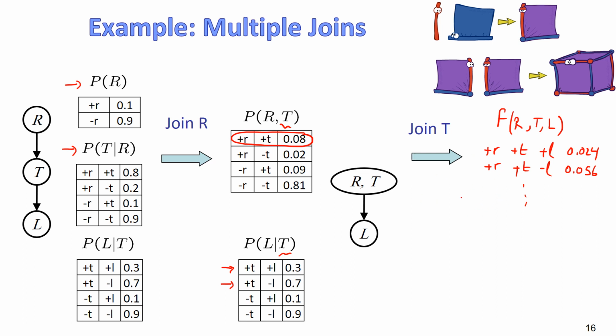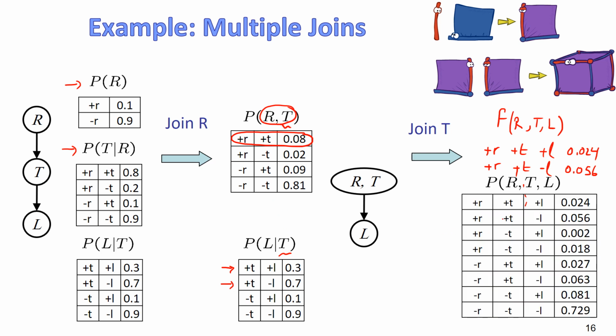Here we are talking about binary variables, so it's 2 to the power 3 or 8 rows. Here we have just 2 capital letters, so it's 2-dimensional. And so on. So here we have P of R and T and L, and that's the entire table. Any question about joining? So multiple join here means 1 by 1.